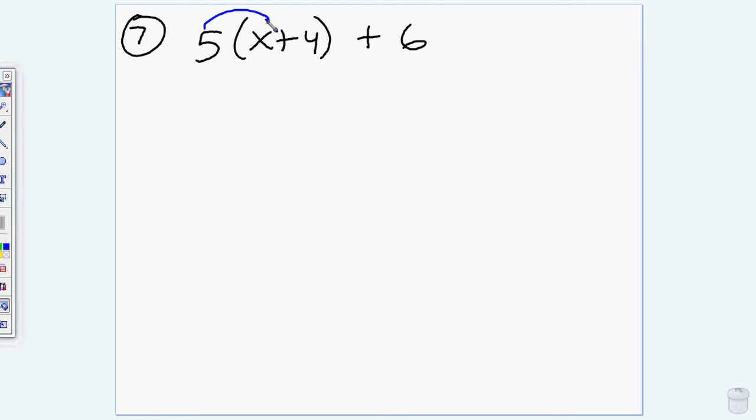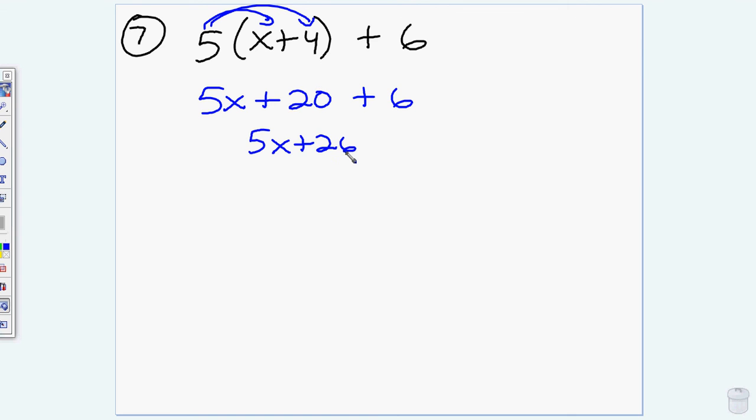So I distribute over top of addition. 5 times x is what? 5x plus what? 20, plus 6. So what is my final answer? 5x plus 26. And we will stop there for today.